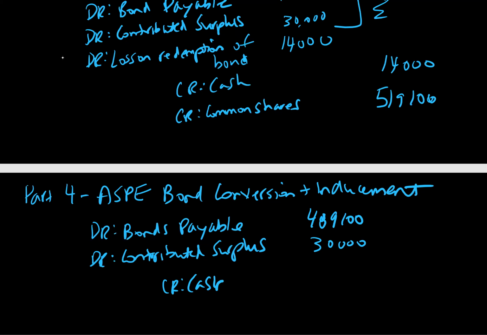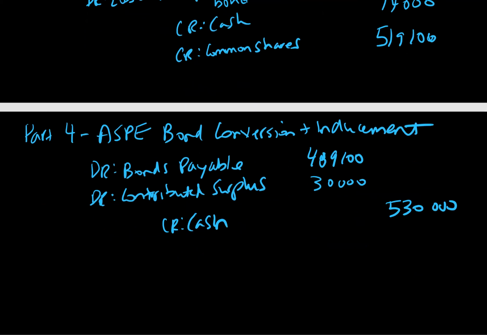We've got cash. We're told in the question that we paid out 530,000 to make this all happen. So now we know that there's going to be a loss on the redemption of the bonds, but ASPI requires us to allocate that loss between the bonds and the equity component.